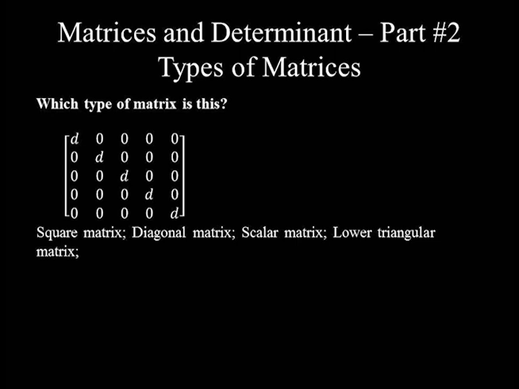Is it an upper triangular matrix? Again, the answer is yes, because it's a square matrix having all elements below the main diagonal equal to 0. Is it a zero matrix? The answer is no, because the main diagonal elements are different from 0. Is it a symmetric matrix? The answer is yes, because every element in the matrix has a mirror image on the other side of the main diagonal.